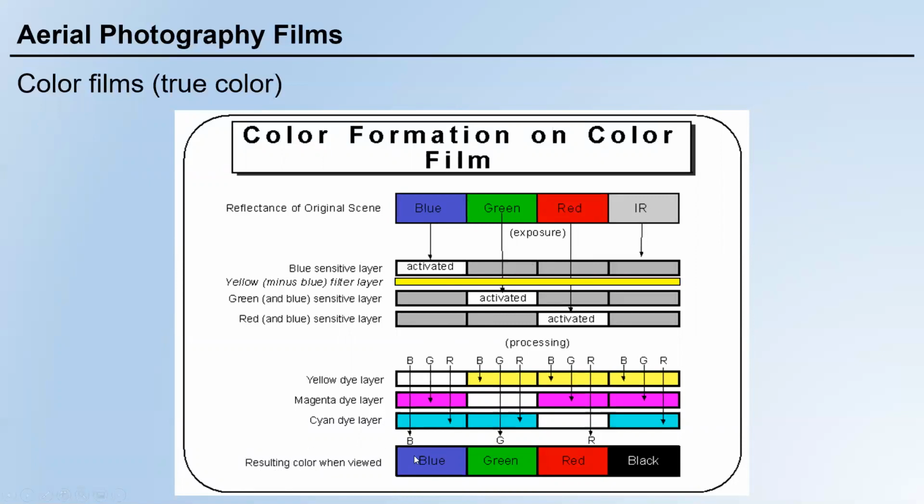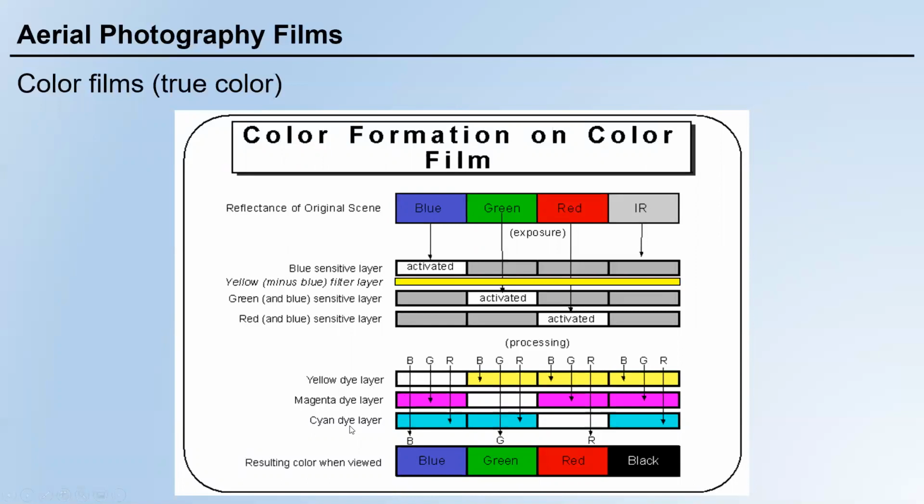You do what? You do not use the yellow dye layer. You use the magenta dye layer to get rid of green light, or the information from green light, because magenta is a complementary color of green.